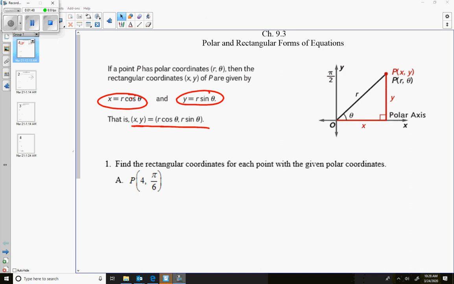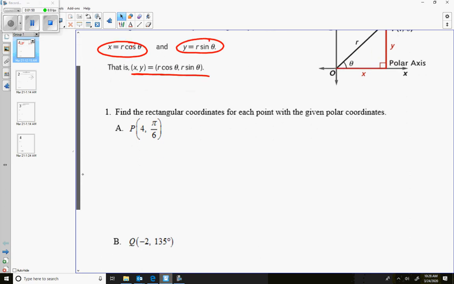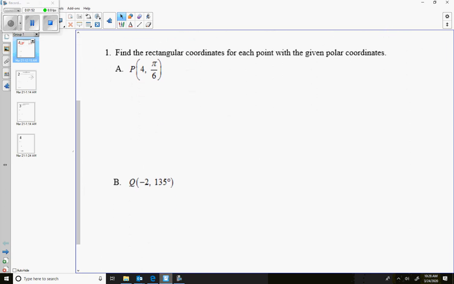So number 1, find the rectangular coordinates for each point given the polar coordinates. So your polar coordinates are r and theta. They want it in terms of x and y. Simple enough. So x would be r cosine theta.